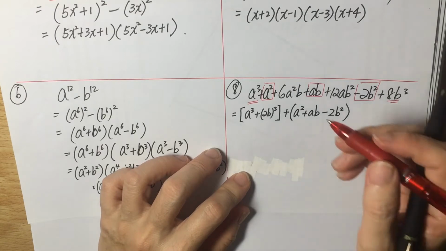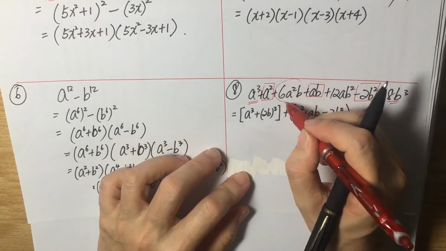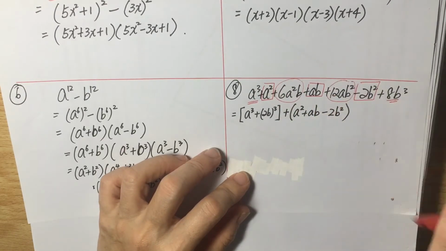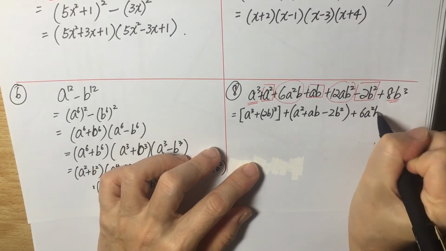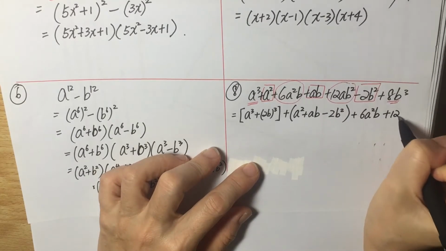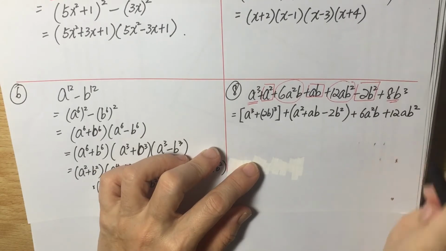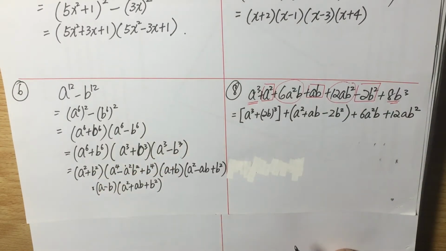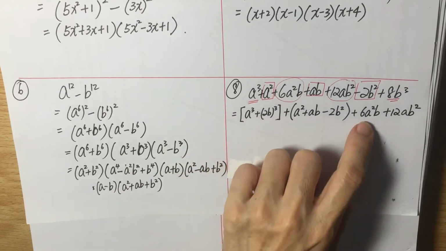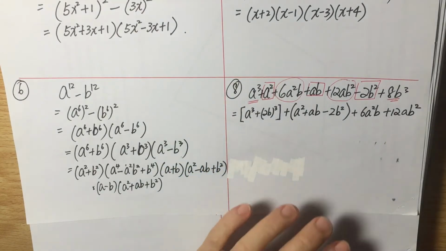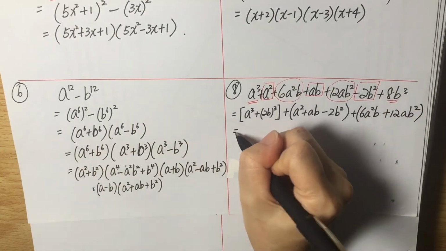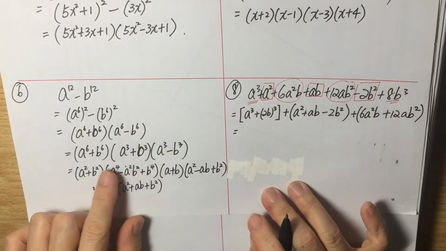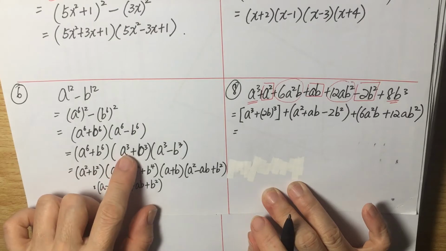Next, I have the leftover 2 terms. So I have 6a squared b plus 12ab squared. Okay, so 1, 2, 3, 4, 5, 6, 7. I'm going to group these two together. Here, use back this kind of factorization.